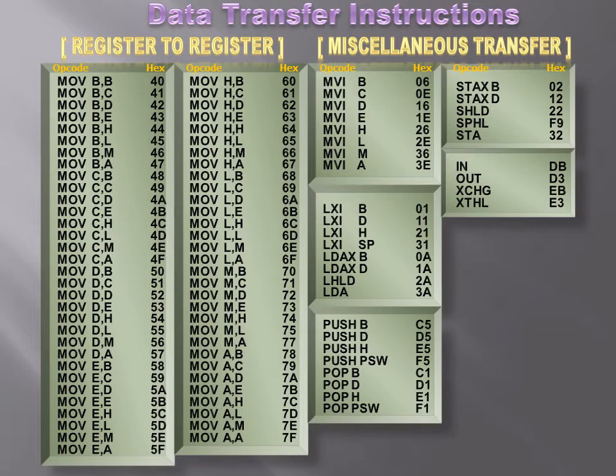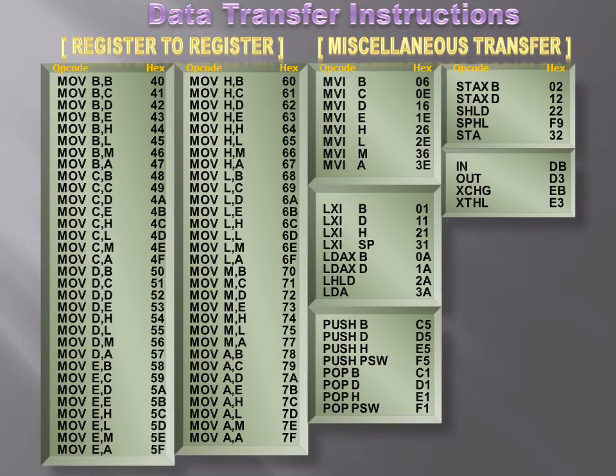The transfer of data from one register to other register or one register to memory or memory to register takes place. But in move immediate MVI, we have an associated data byte within the instruction. MVI will have its own hex code, and then another hex byte will follow, which will be taken as the immediate data associated with the move immediate.